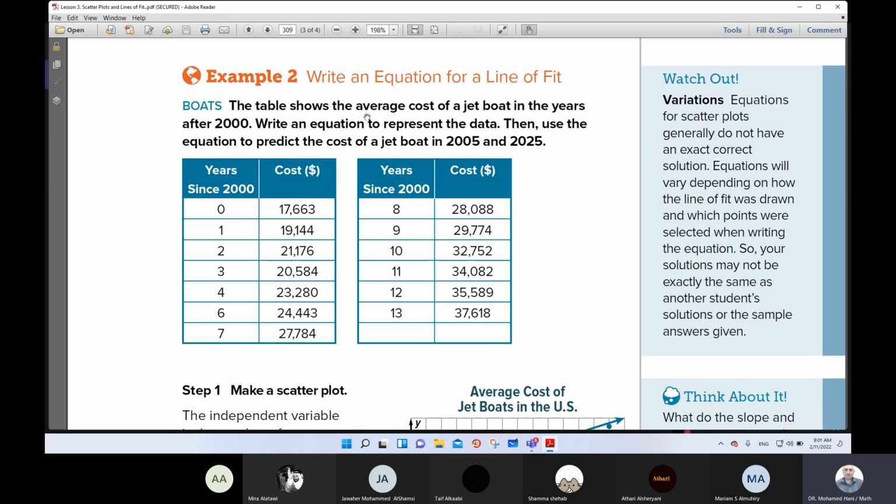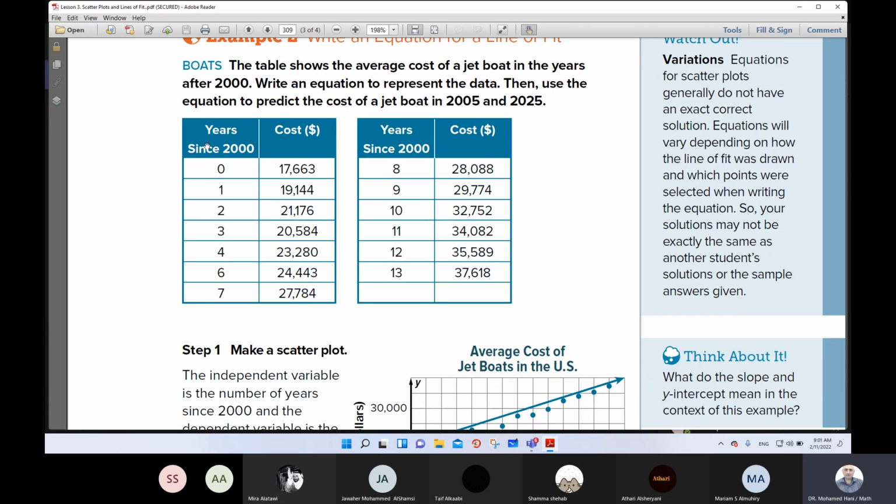The table shows the average cost of a jet boat in the years after 2000. Write an equation to represent the data, then use the equation to predict the cost of a jet boat in 2025. As you see in the first table, in the first column we have the years, and in the second column we have the cost.